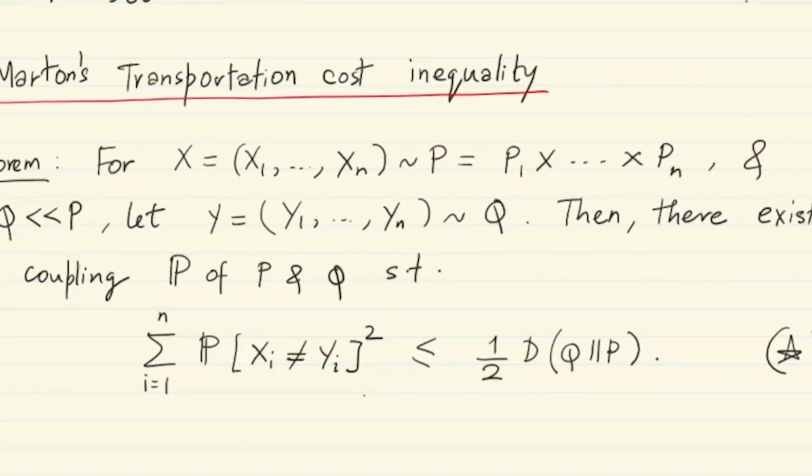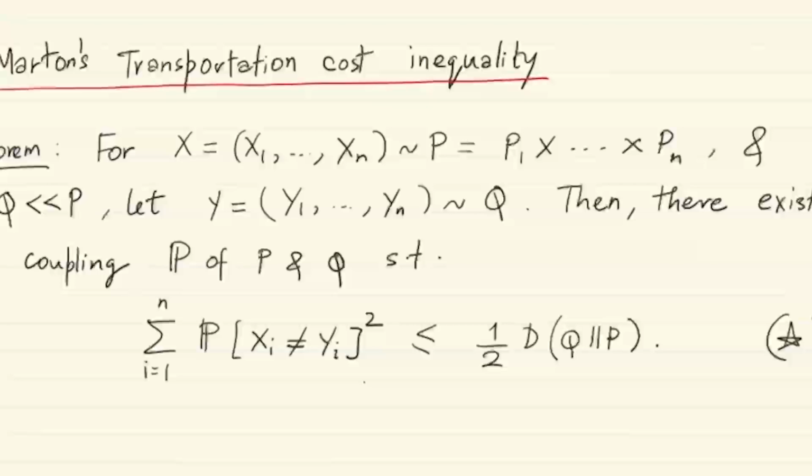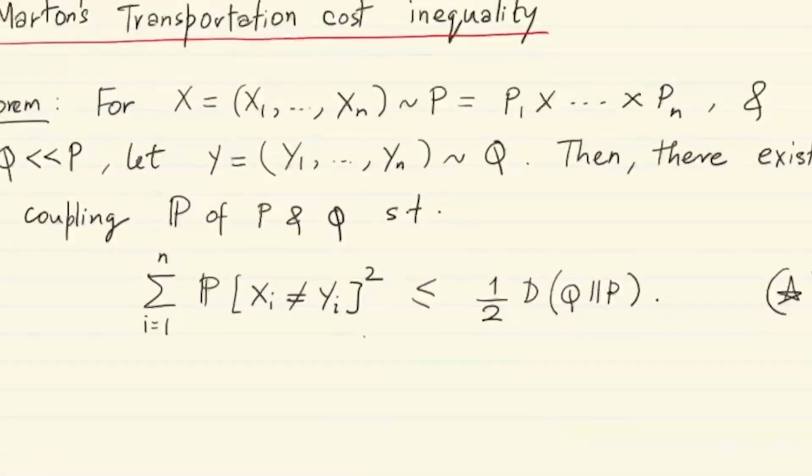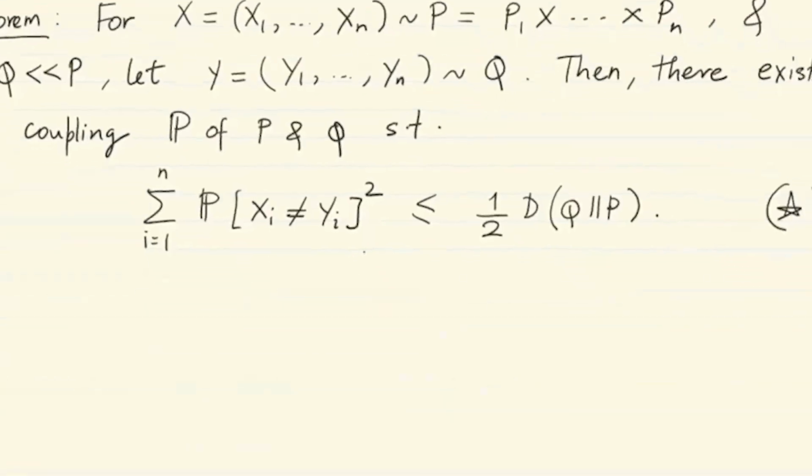In fact, let's assume that y is a bunch of random variables, n random variables distributed jointly according to q. Then there actually exists a coupling between p and q for these n random variables x1 through xn and y1 through yn, satisfying the property that the summation of the disagreement probability squared over all i between xi and yi is at most half times the KL divergence between q and p.